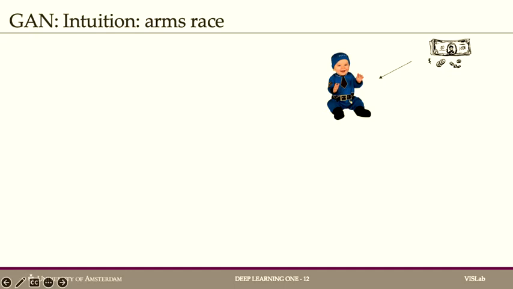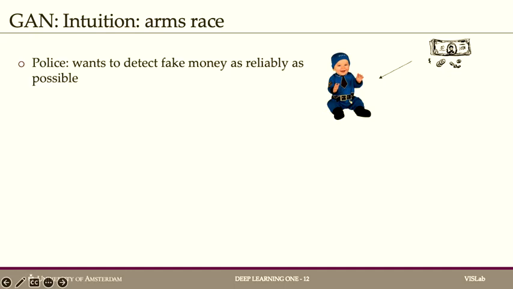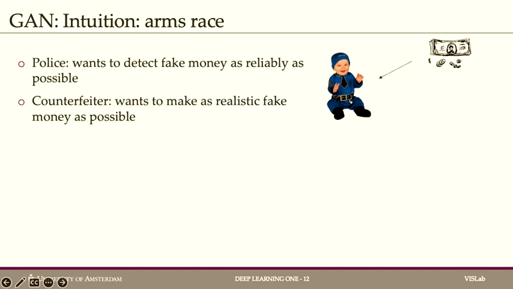A comparison we can make is police detecting fake money. The police want to detect fake money, in this case a fake image, and want to be as good as possible. And the counterfeiters want to make money that is as realistic as possible. At the beginning, they're both very bad. The money looks bad, and the police, well, it's a baby, can't really do much.